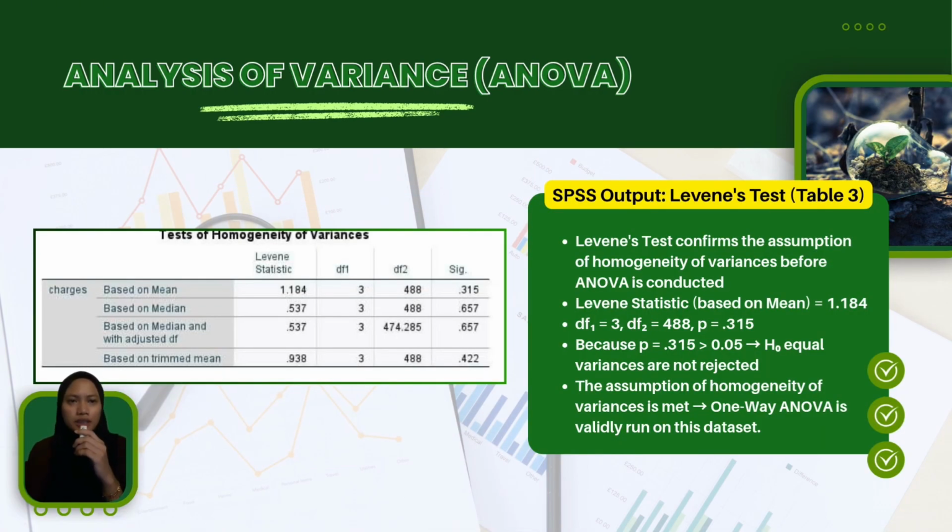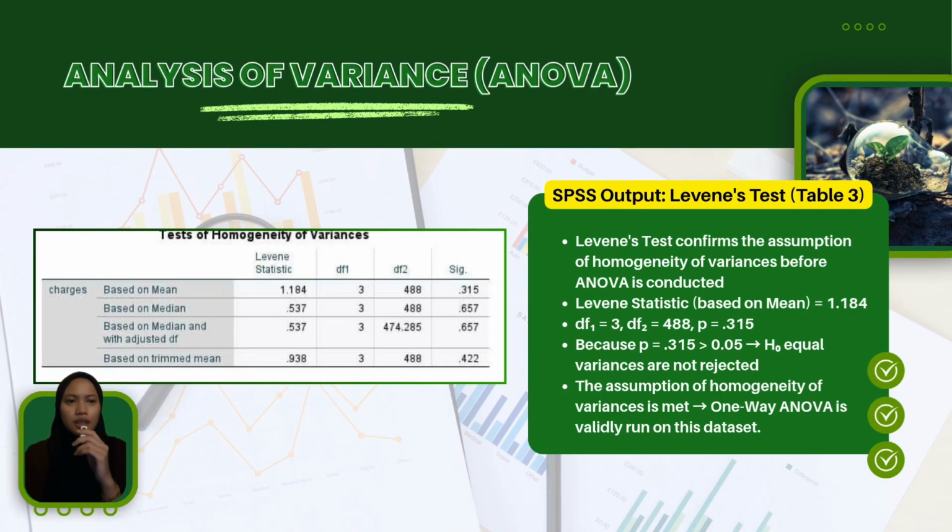Next, before interpreting the ANOVA results, we must first verify the assumption of homogeneity of variances. This assumption requires that the variances across all four groups are approximately equal. To test this, we use Levene's test. From table 3, the Levene statistic based on the mean is 1.184, with degrees of freedom df1 equals 3 and df2 equals 488.